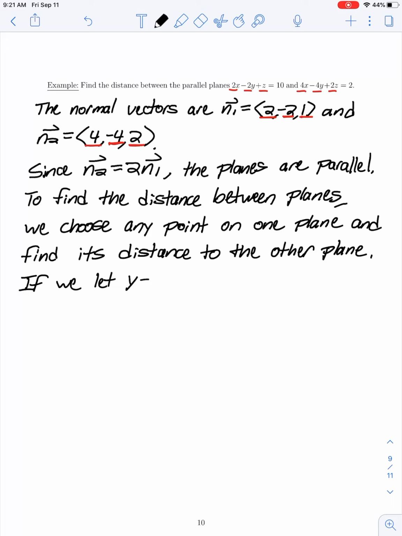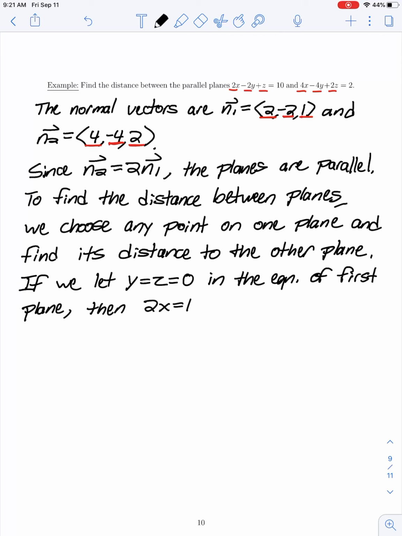So let's say if we let y and z equal 0 in the equation of the first plane, then we would have 2x is equal to 10, and so x equals 5. So the point 5, 0, 0 lies in the first plane.